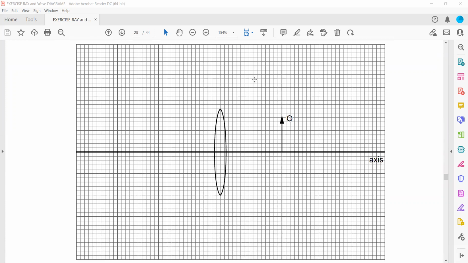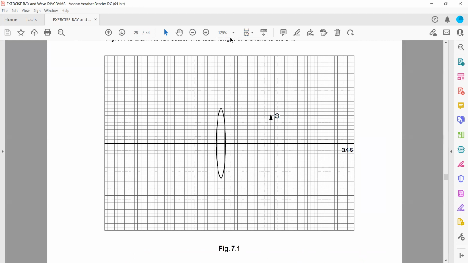Focal length is 5 centimeters. We have to draw an image. So how to draw an image by this? Using a ruler, you have to measure. For example, if I take 5 centimeters, 5 boxes equals 1 centimeter. So 1, 2, 3, 4, 5. Using a ruler, you have to measure this.